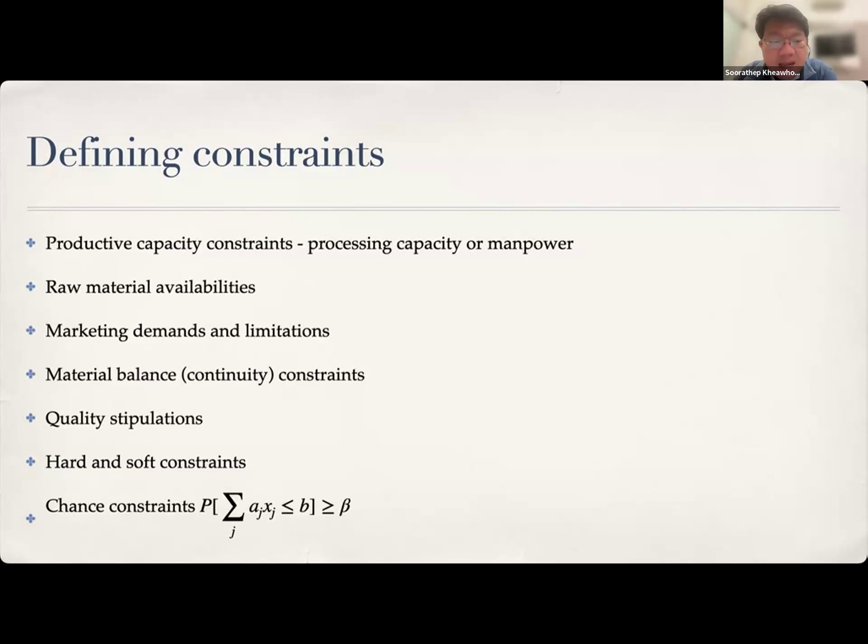Okay, the next one is hard and soft constraint. Sometimes you can treat some constraints as hard constraints and some constraints as soft constraints. It's quite useful for dynamic programming or multi-period optimization. The hard constraint means this constraint is hard.